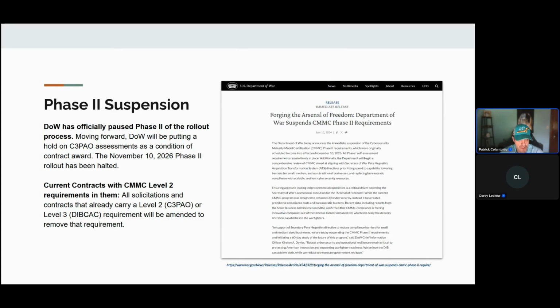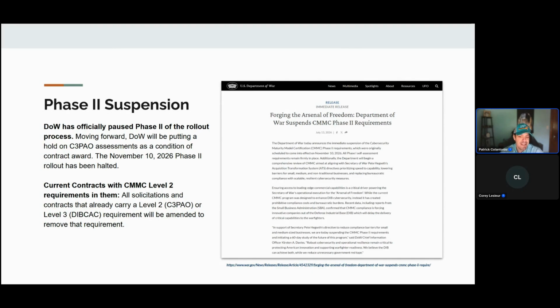They've quote unquote suspended it. And any contracts that had that language, level 2 C3PAO or level 3 DIBCAC, is going to be stripped. That was officially, last time I was kind of fumbling around because I thought it was in the release, but it was actually in a memo that was released on the same day that had that language.